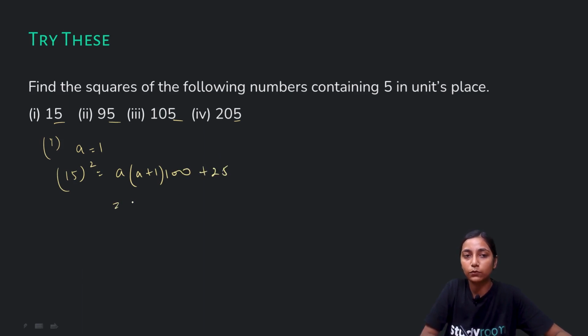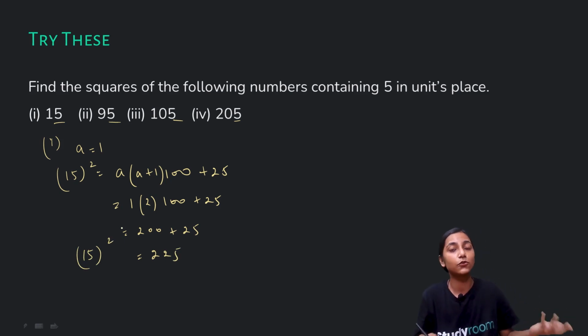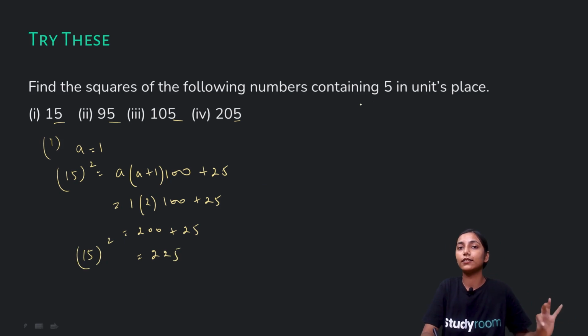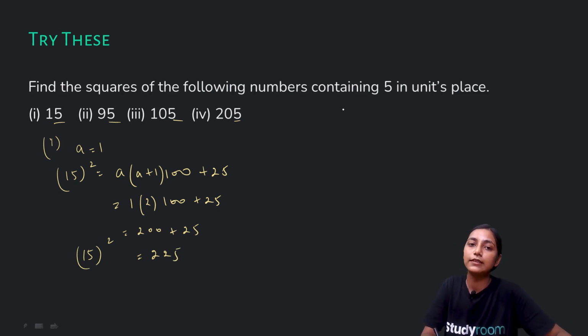That is 1 into 1 plus 1, which is 2, into 100 plus 25. That is 200 plus 25. That gives us 225. And yes, 225 is the answer, because we know that 15 square is 225. We found it using the formula for finding the squares of numbers that end with 5.